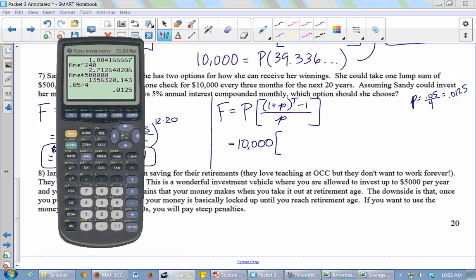All right, so I can do 1.0125 raised to the t, which is the number of payments. How many times is she going to get that $10,000 check? 80, yeah. She's getting one 4 times a year for 20 years. That's 80 total payments.